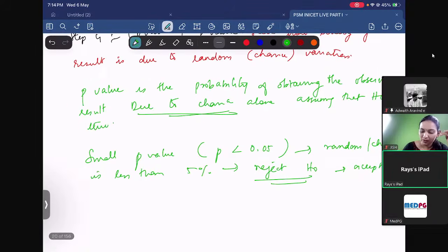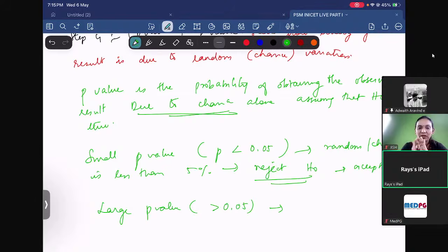So just the opposite, if you get a large p-value, suppose my p-value is more than 0.05. This means that more than 5% of the result that I got is due to chance. So that means the real effect might not be that much. This 5% or p 0.05 is something that statisticians have agreed, okay, up to 0.05 is fine.